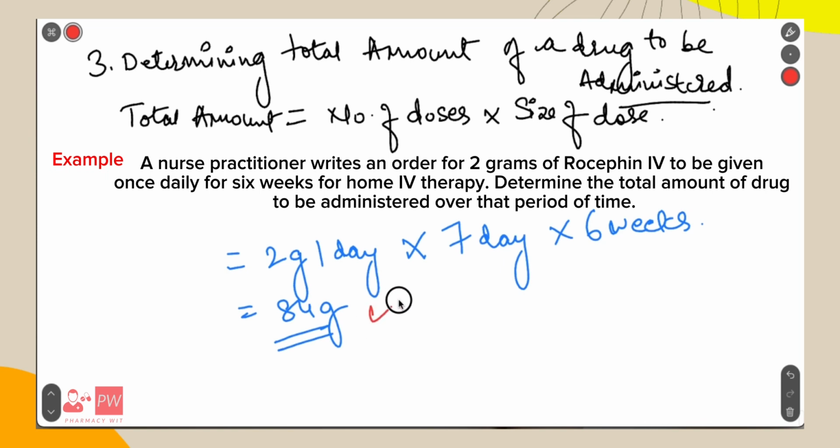So 84 grams is the total amount of the drug to be administered over the course of treatment. This 2 gram is given for 1 day, for 6 weeks, and 1 week has 7 days. So this will be the total amount of the drug.